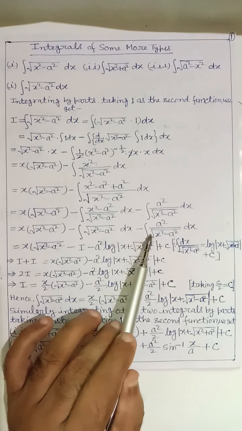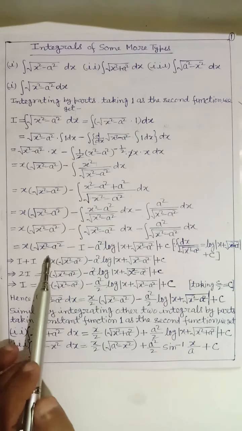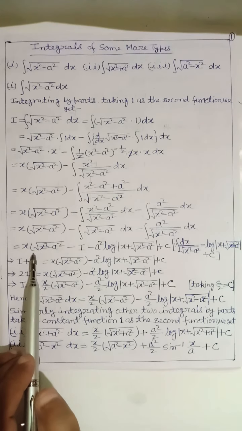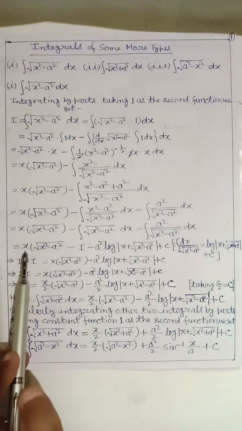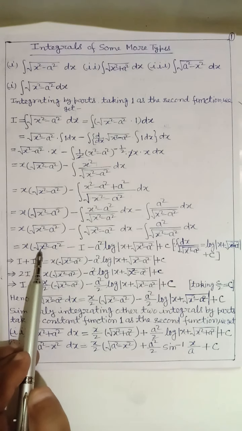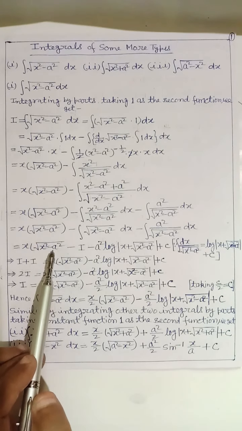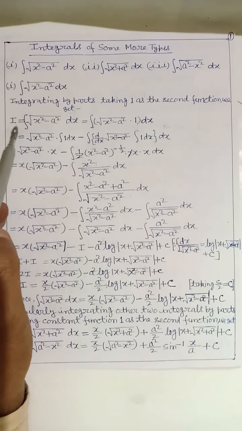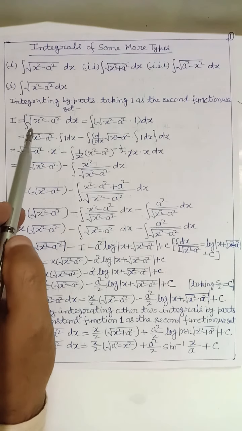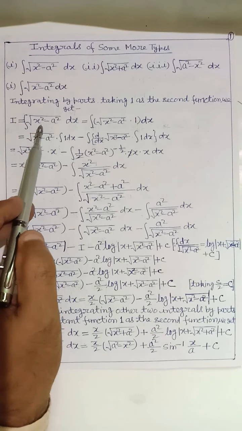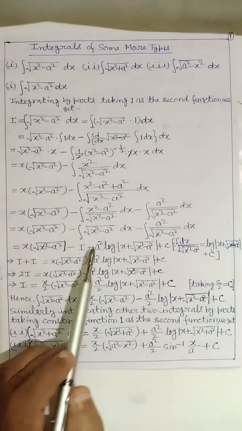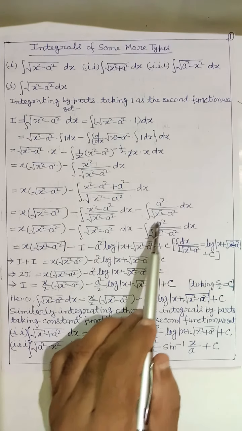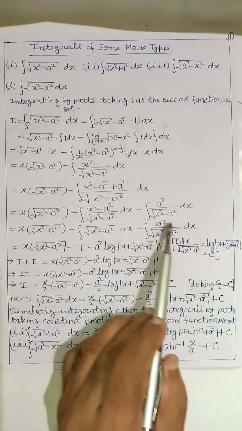Again we simplify this, we get x into square root of x square minus a square minus I, because we already supposed I is equal to integral of square root of x square minus a square dx.